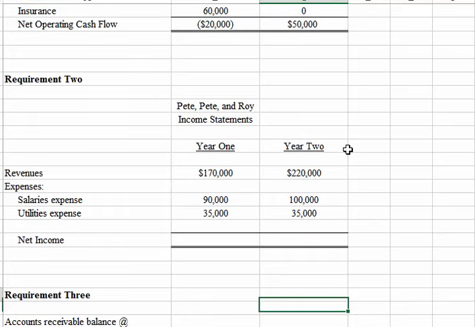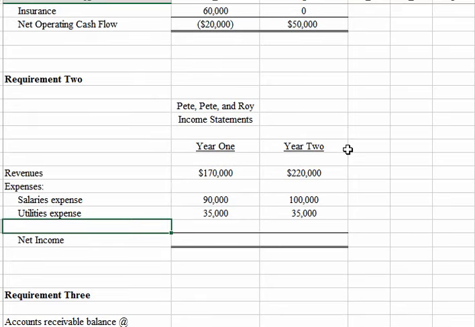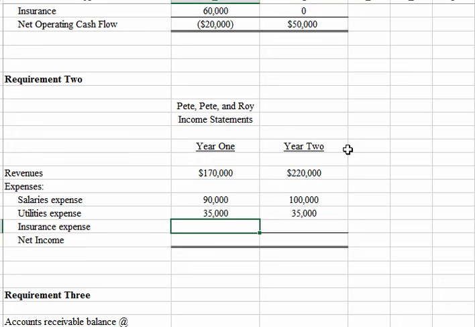All right, now let's go to insurance expense. Okay, here we paid for the insurance policy $60,000 in year one. But let's read the last part of that sentence below the chart. It says the insurance policy covers a 3-year period.